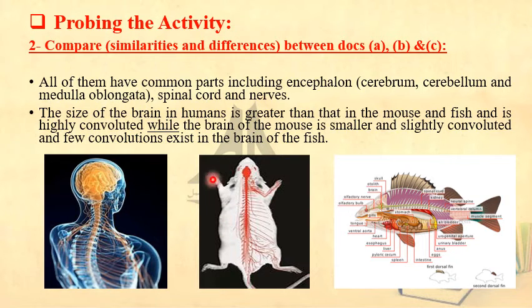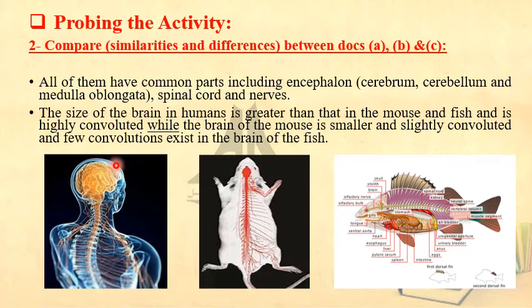If we compare between them, we have to mention the similarities and the differences, right? We say all of them have common parts, including the encephalon or brain, cerebrum, cerebellum, medulla oblongata, spinal cord, and nerves.